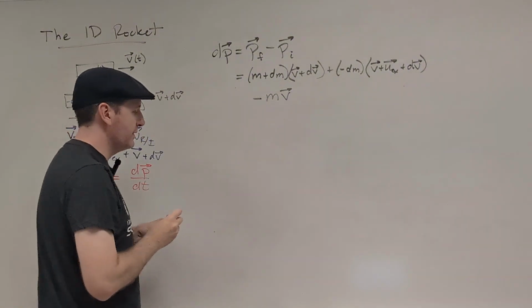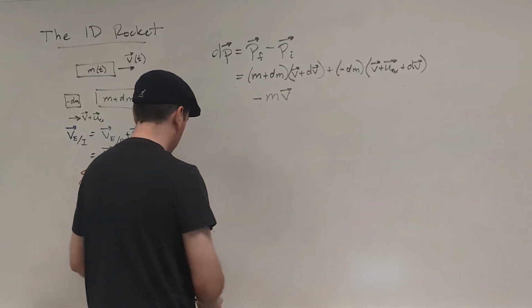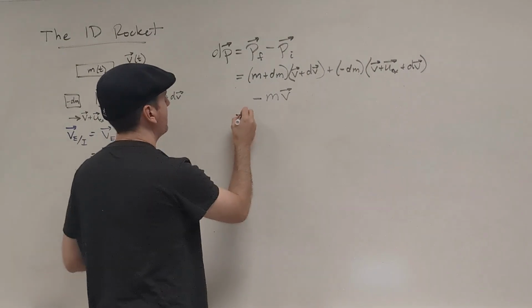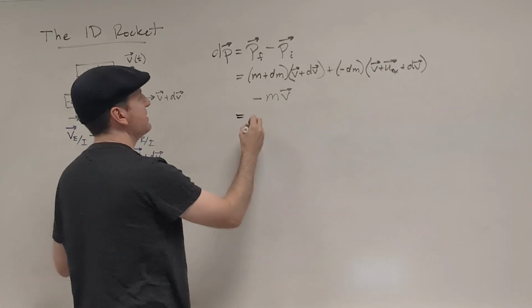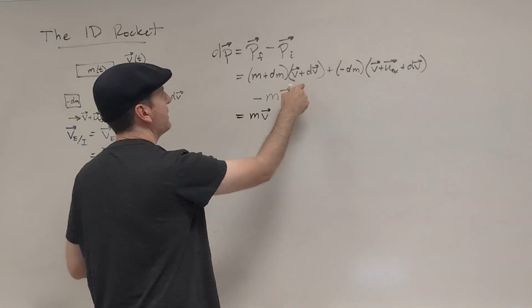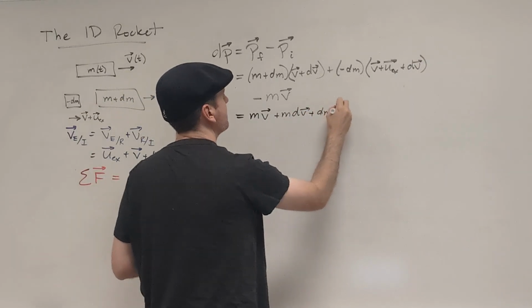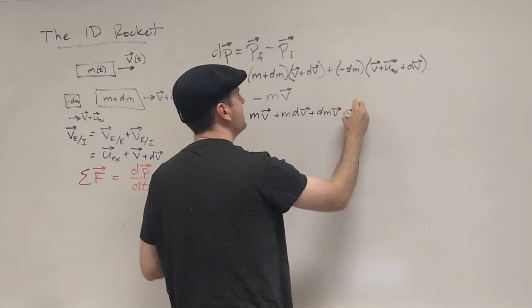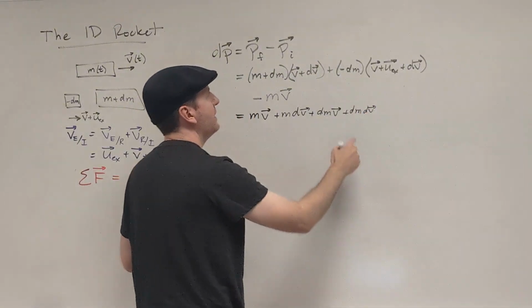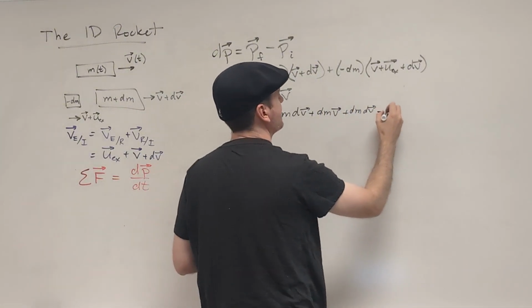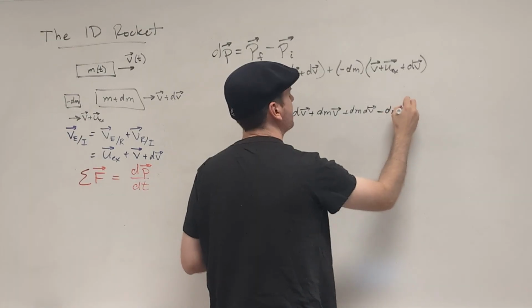Okay, let's see what happens when we expand this out. So first off, we're going to see something nice happening with the mv's here. So I'm going to have an mv from here. I'll have a plus m dv plus dm times v plus dm dv. This piece will give me a minus dm times v.